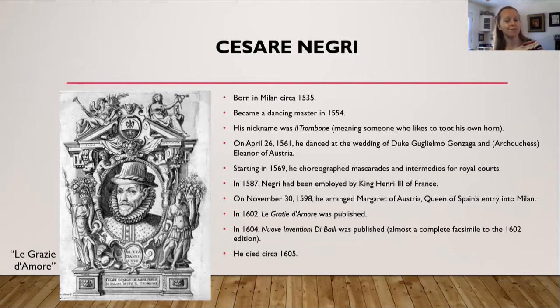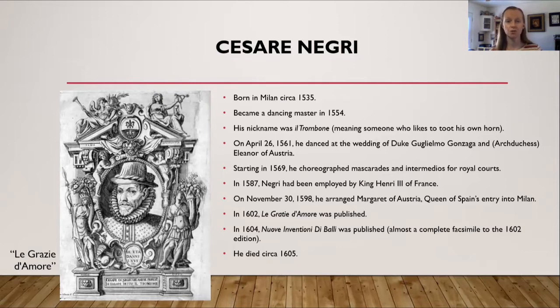And starting in 1569, Negri choreographed masquerades and intermedios for royal courts. In 1587, he was employed by King Henry III of France. On November 30th, 1598, he arranged for Margaret of Austria, who was Queen of Spain at the time, her entry into Milan.